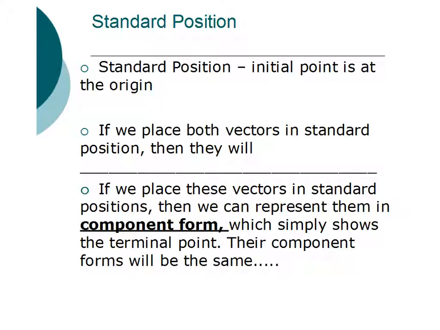If you were to take both of those vectors and shift them so that they were in standard position, they would have brought down that initial point right here, and then that slope would have still been rise 4, run 2, but they would have landed on top of each other right here, and it would have looked like this. And if the two vectors land on top of each other, then they're going to be equal. All right, so we got that.